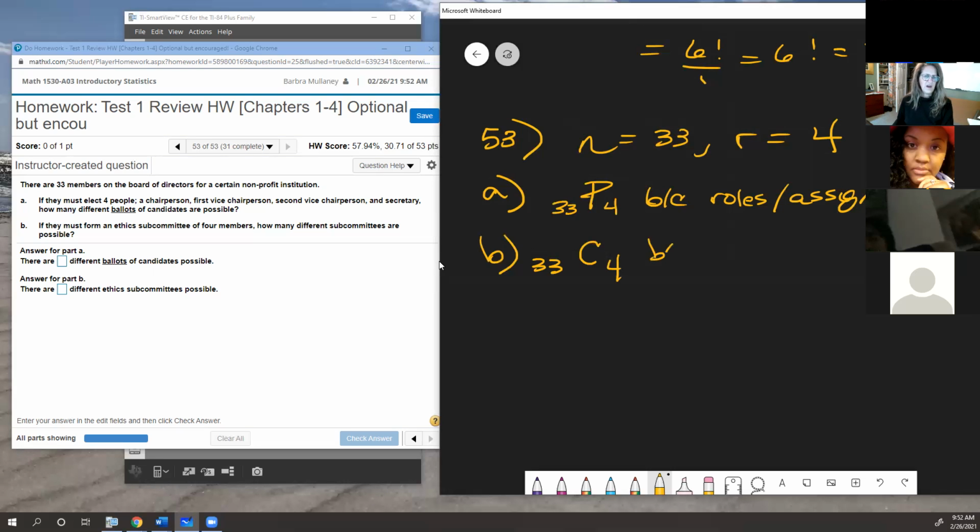This is because it's a committee, a group, and order doesn't matter the way we select them. But here, with the roles and assignments, for permutation, the order matters. And that's the clue as to whether we use permutation or combination. And then the rest is history. You put that in a calculator.